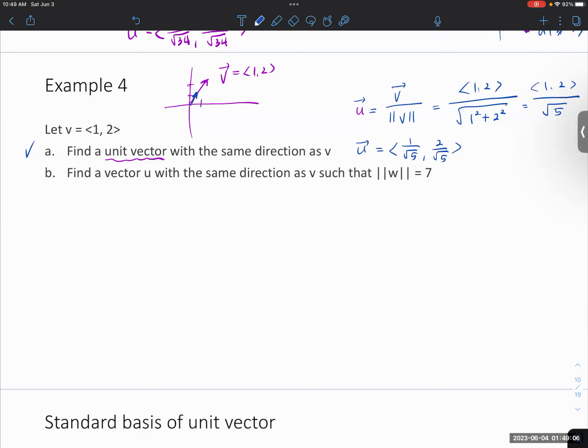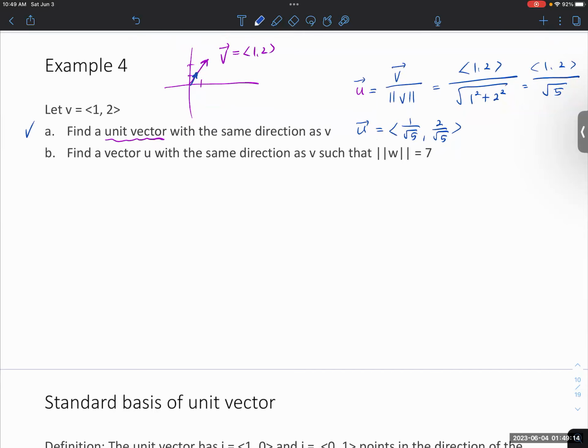Let's go to B. Find the vector W with the same direction as V such that the magnitude of W is 7. So there are 2 vectors. Let's think about it. First of all, we have U and V, and there is a W. We're going to find the vector W with the same direction as V. We already know the vector U; we already found it, 1 over radical 5, 2 over radical 5, and it has the same direction as V. Okay, that's correct.